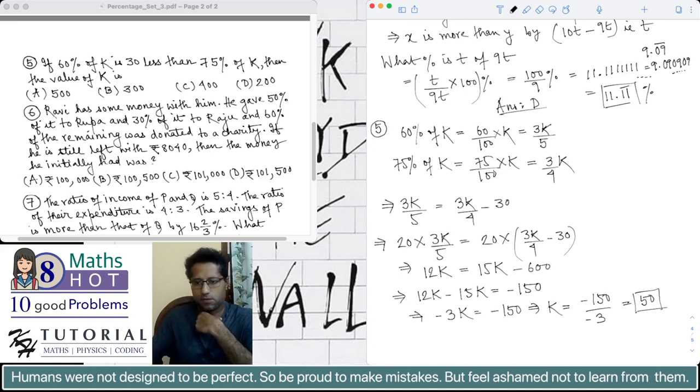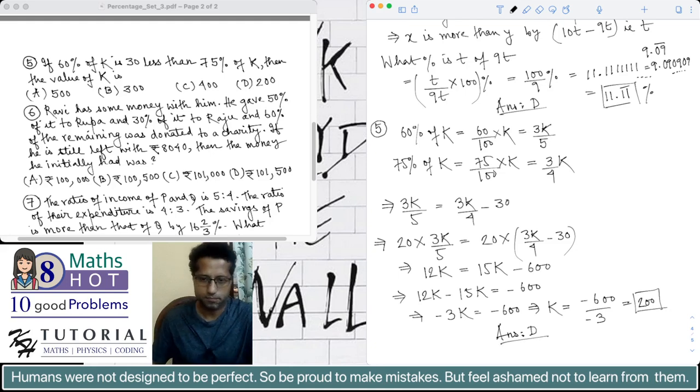Hence, this will be 200. Hence, the correct choice is D. D is the correct choice.